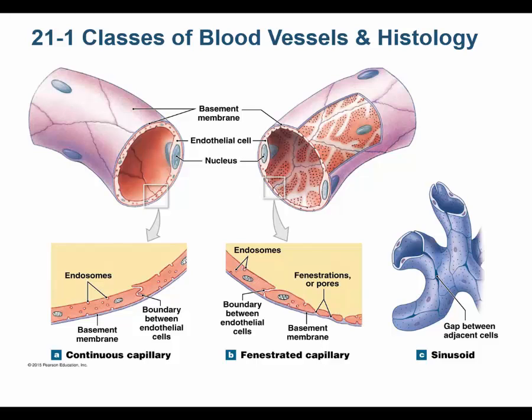All right, this is showing you the three types of capillaries, and continuous capillaries mean that there's tight junctions here. So in these boundaries between the endothelial cells, there's tight junctions. So it's very difficult for things to get out of there.